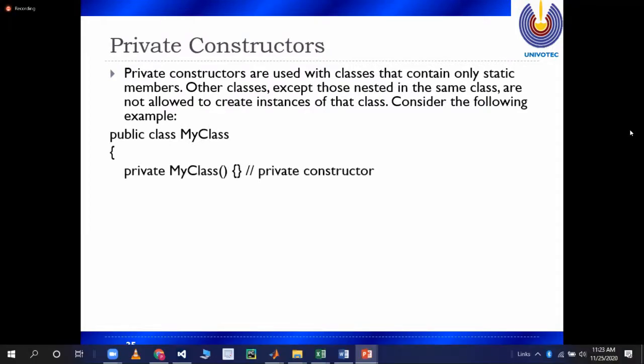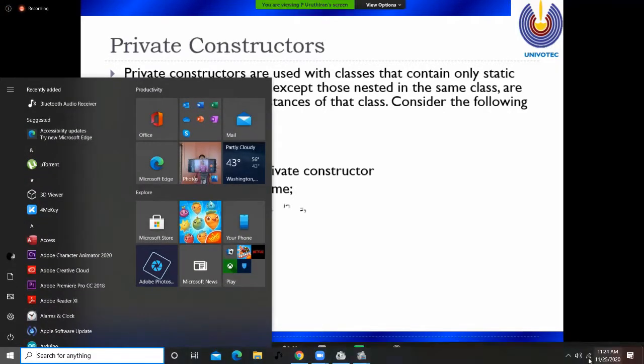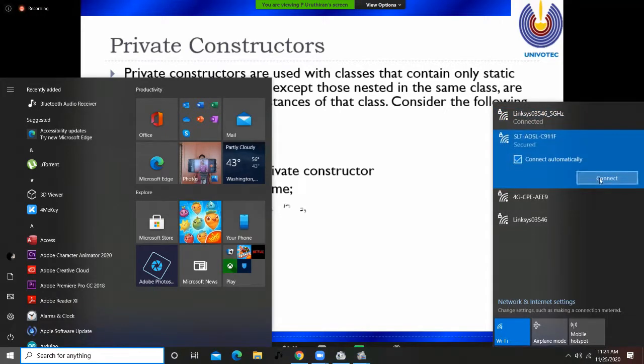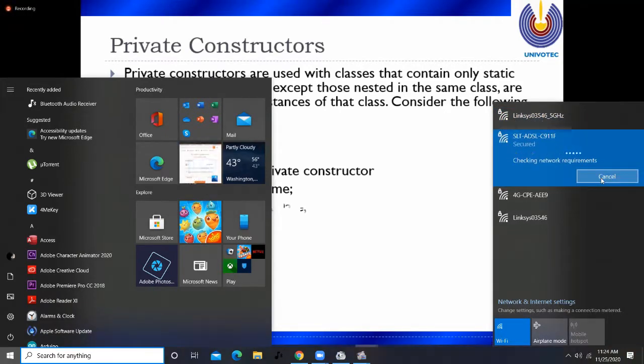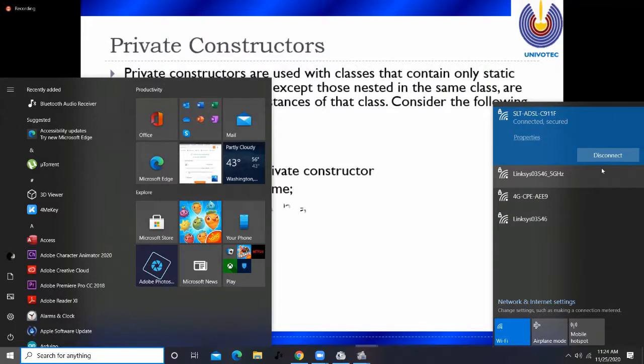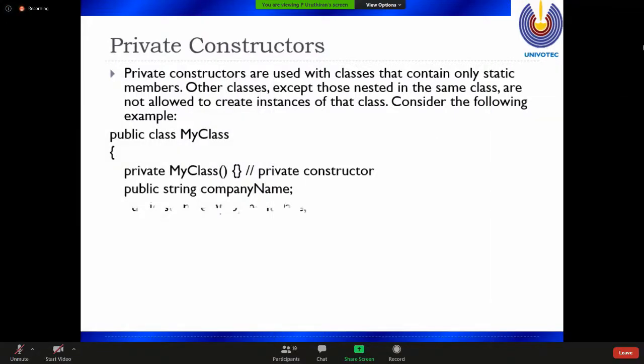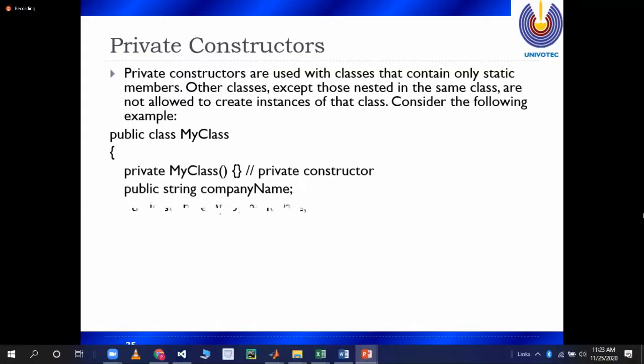Public class MyClass, private MyClass is the constructor. Public string companyName. Public string employeeName, two fields.